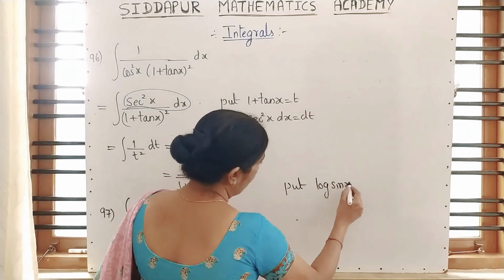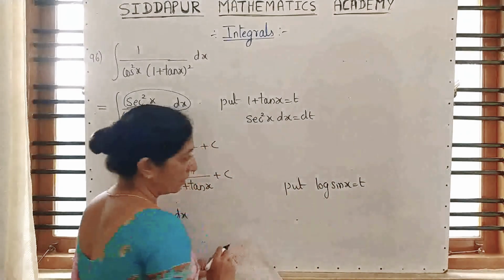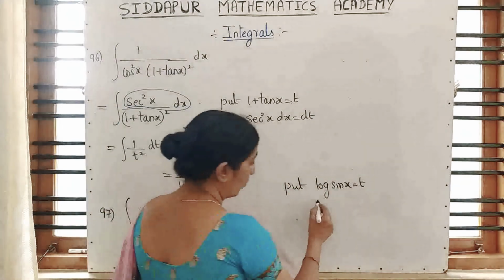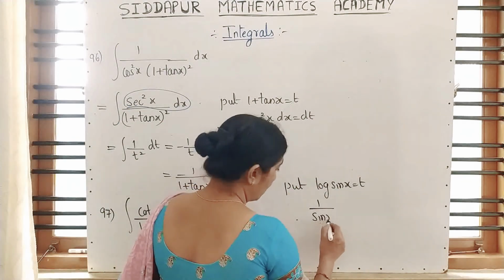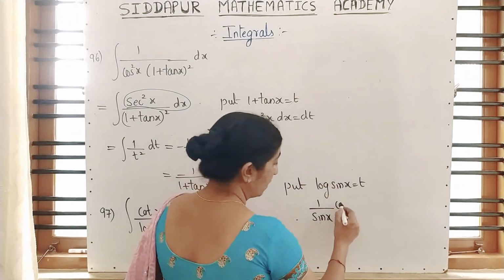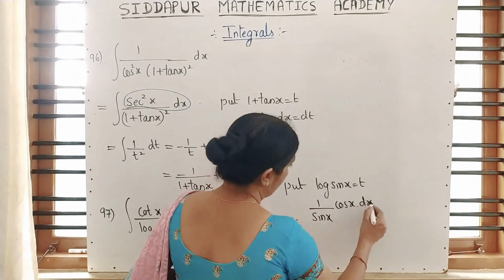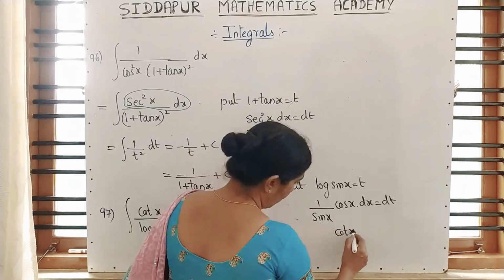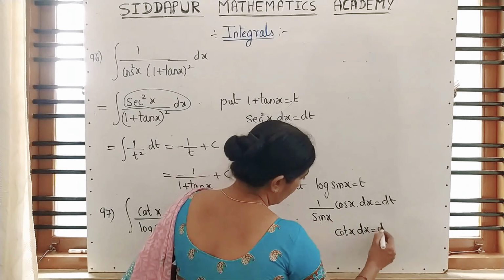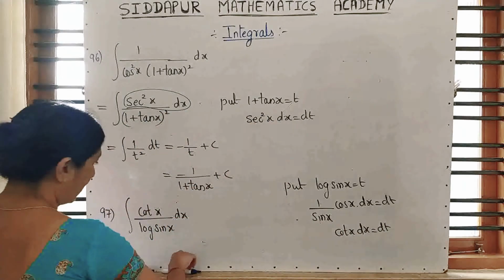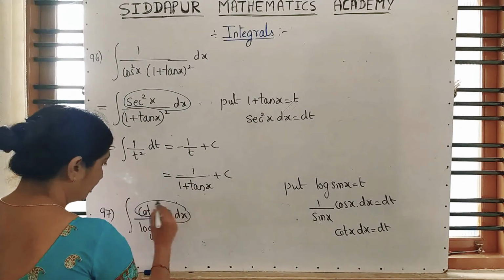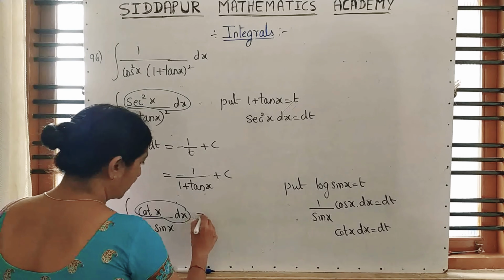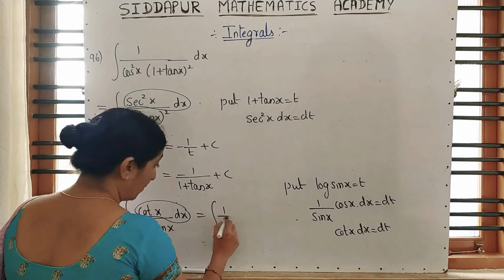See, log sin x as a t, denominator as a t. Differentiation of log sin x is what? 1 by sin x into differentiation of sin x is cos x, chain rule. dx is equal to dt. Cos by sin is cot. Cot x into dx is dt, and that we required here. That is dt, and log sin x complete term is t.